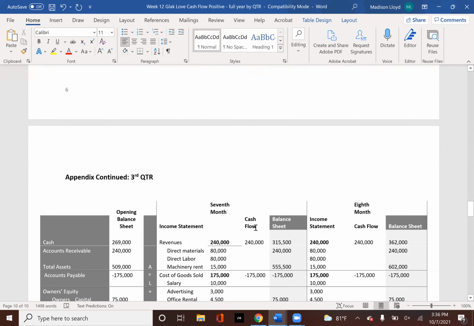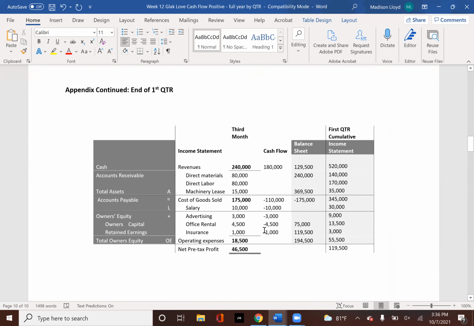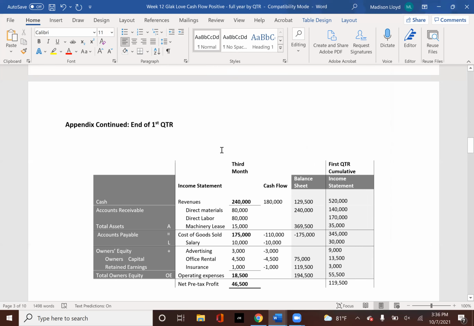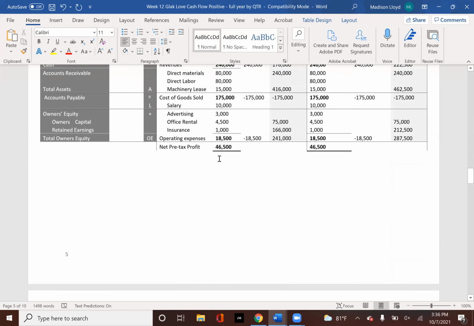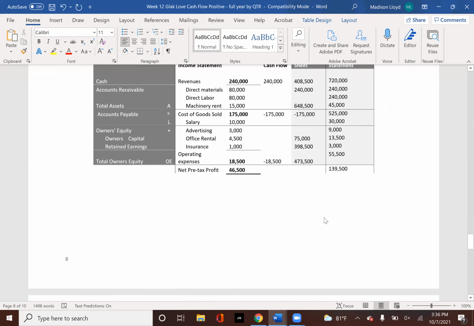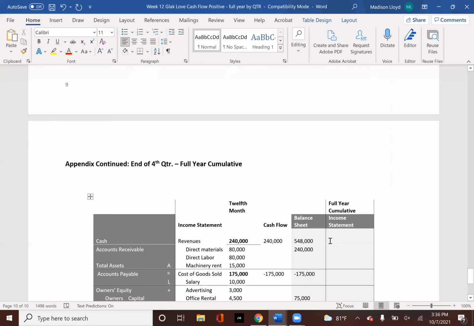You're going to scroll all the way up here to get your first and second month's revenues. 180,000 right there, plus 100,000 for the first month. And you've got $2,680,000 as your full year cumulative revenues.